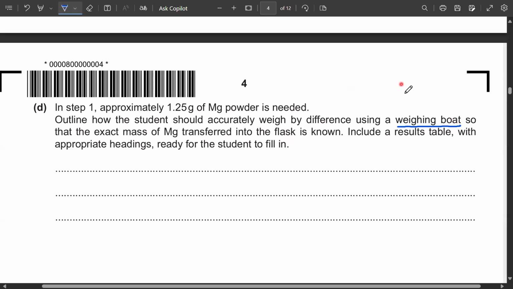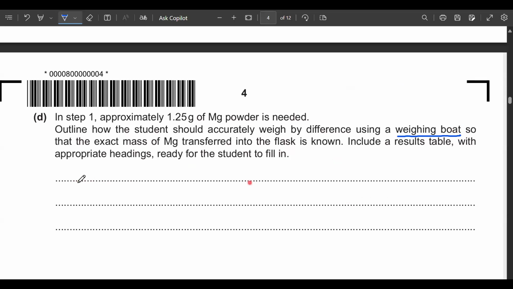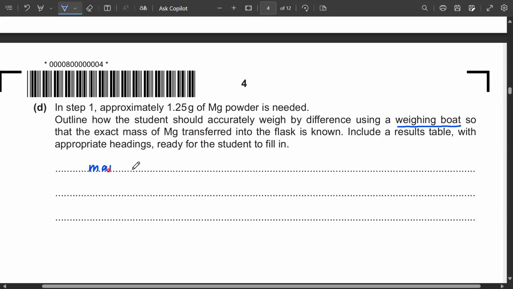So you have to write the tables here. What would you write here? For the table or the steps? Yeah, you have to construct a complete table along with the steps. Okay, so for the table, the first one would be the mass of Mg powder plus the container.